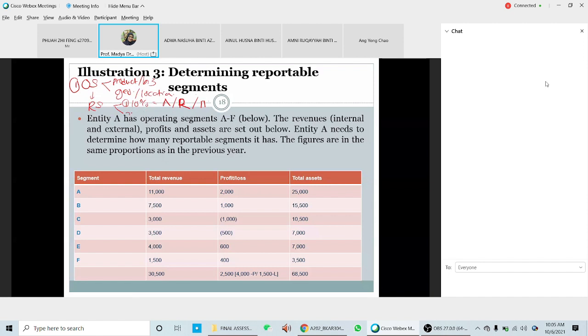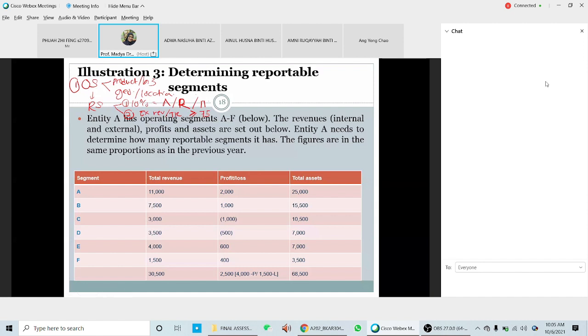Then, once you have decided on the reportable segments, the second thing we need to check is the external revenue divided by total revenue, which should be at least 75%.